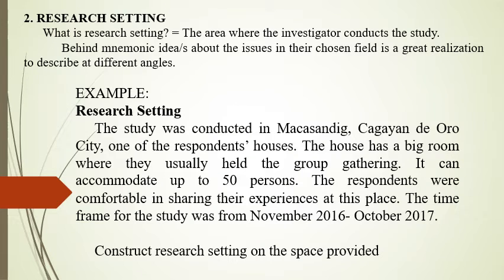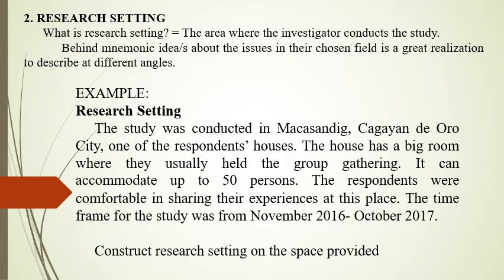Then we have research setting. What is research setting? It is the area where the investigator conducts the study. For example, the study was conducted in Macasandig, Cagayan de Oro City, in one of the respondents' houses.